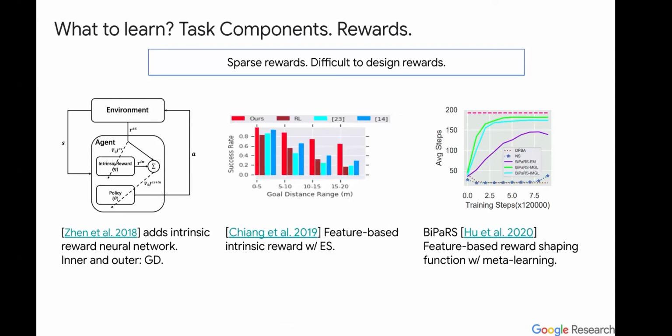There's tons of literature on encouraging the agent to do a certain thing by adding a term to the reward function. So this is the left part. The feature-based methods tend to say, hey, we do have some knowledge of the features of the reward, such as who is snoozing and who is taking pictures. So we can use that, but we don't know how they relate to each other. So let's parameterize it.